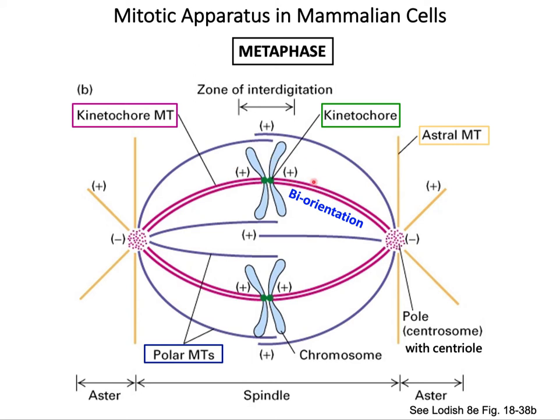So it is very important for this chromosome to be attached to one kinetochore microtubule that's emanating from this spindle pole and one kinetochore microtubule emanating from this spindle pole. Because you can imagine how deleterious the consequence would be if, for example, the kinetochores of both of these sister chromatids were attached to the microtubules emanating from the same spindle pole.